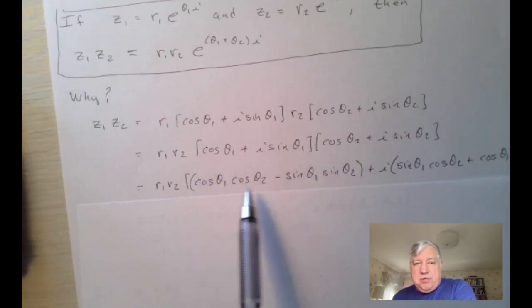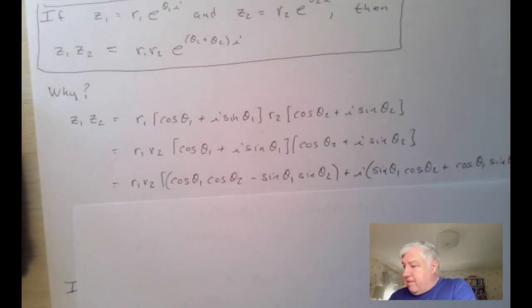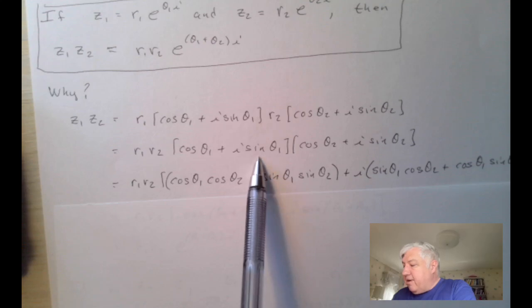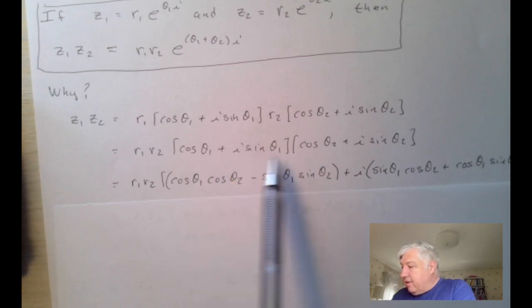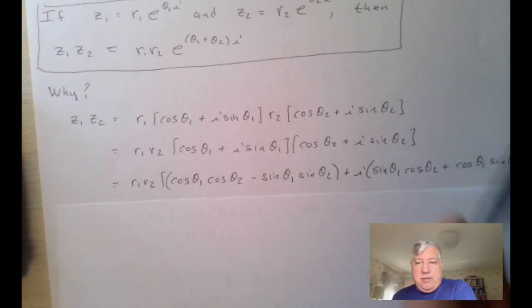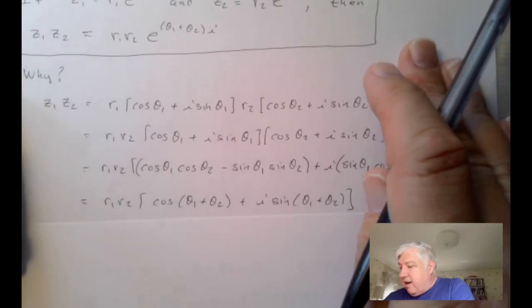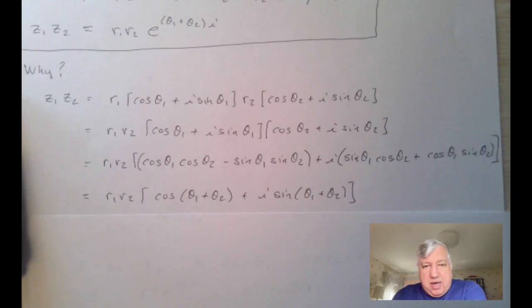So these two terms together are the real term, and then the imaginary terms would be sine theta 1 times cosine theta 2 plus cosine theta 1 sine theta 2, which is how we get this expression. And then this is where our awful summation and difference formulas help us out.